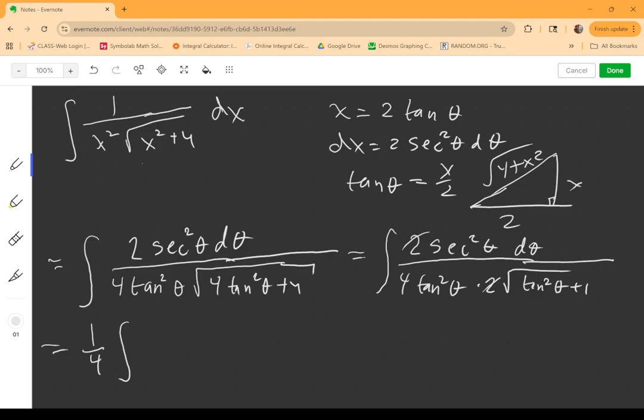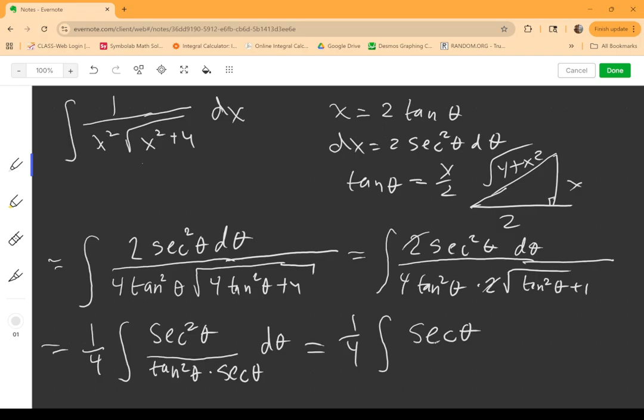So what do we have left? In the numerator we have secant squared theta d theta. In our denominator, I'm going to plug in that substitution, that secant squared, take the root, so we have secant of theta. And then one more factor reduces. So finally here we have what I'm going to be working with: secant theta over tangent squared theta, d theta.